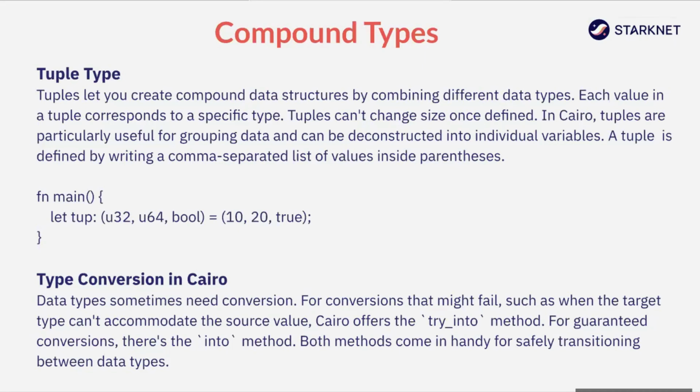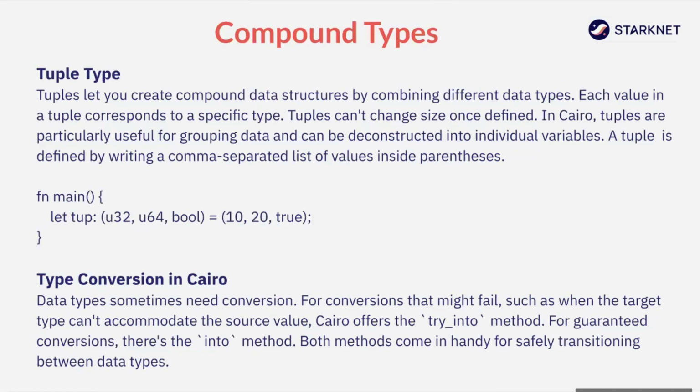When you use the try_into method, you're not sure. Maybe the data that you're converting from is larger than the target type.